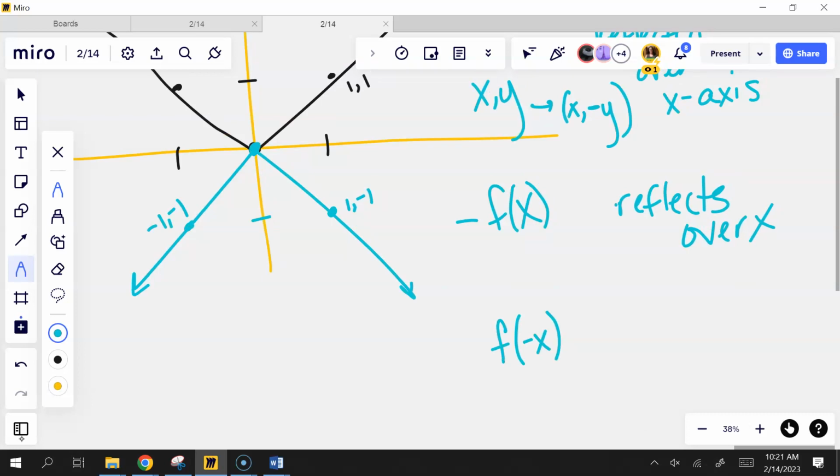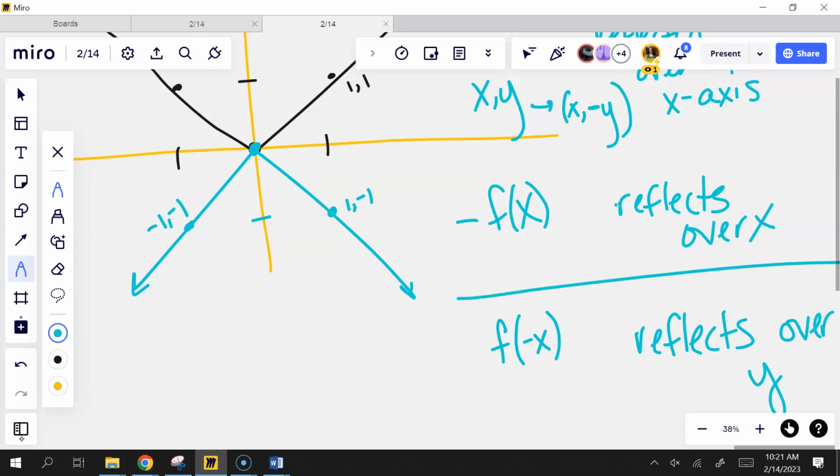In other words, if you just make the x negative, that's exactly right. It reflects over y instead. Add this as another piece in that very last row. For this one, it wouldn't. Why wouldn't it? It's already symmetrical about y, right?